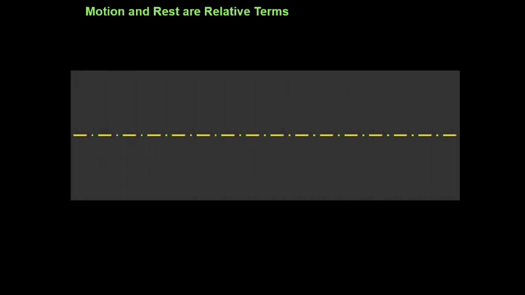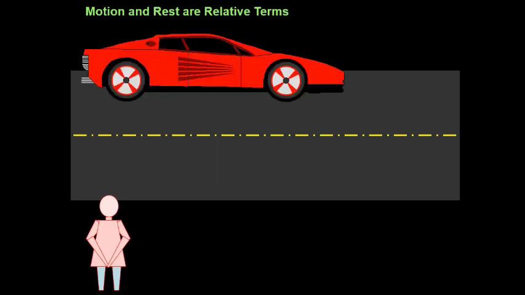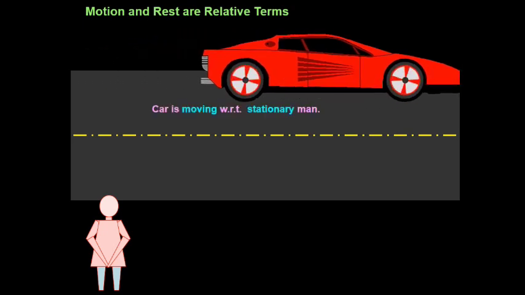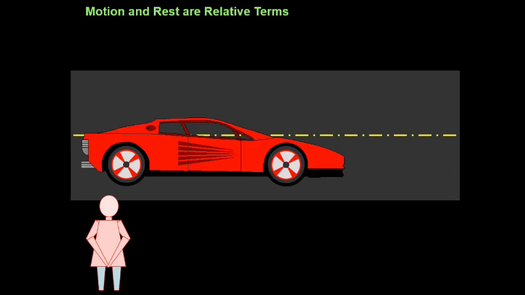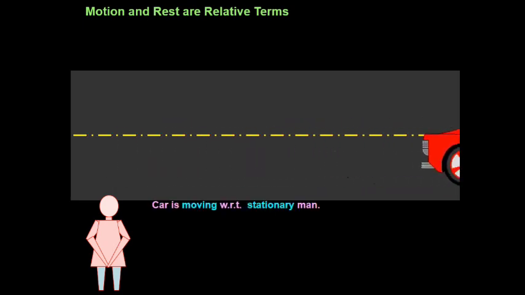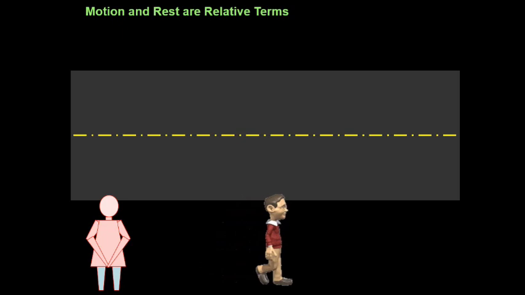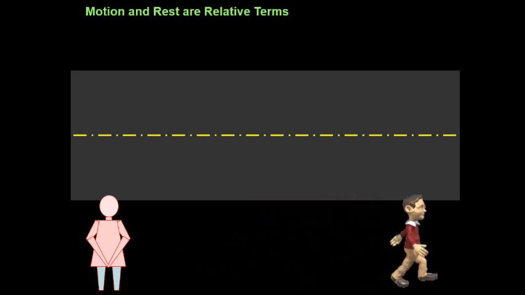Now let's see, motion and rest are relative terms. There are some animations for it. A stationary person is standing on the ground, and we are not taking into consideration the movement of the earth. A car is moving with respect to the stationary man.